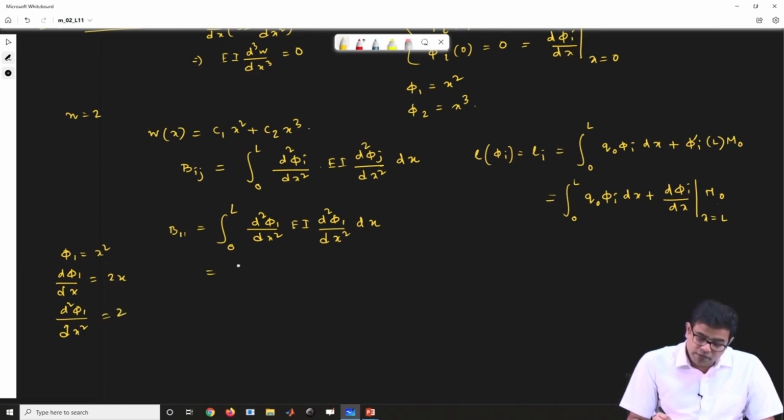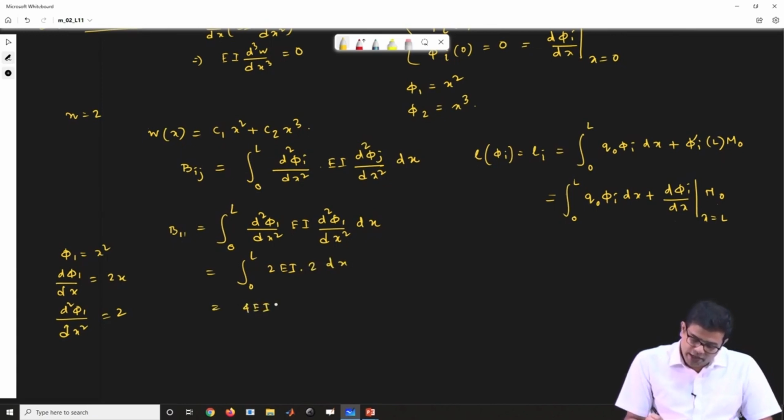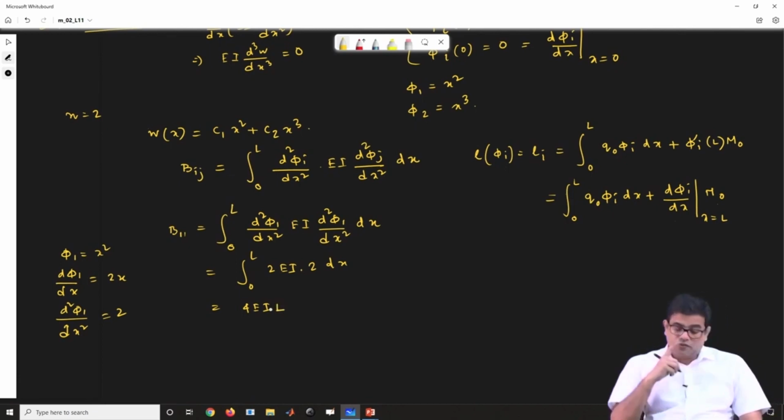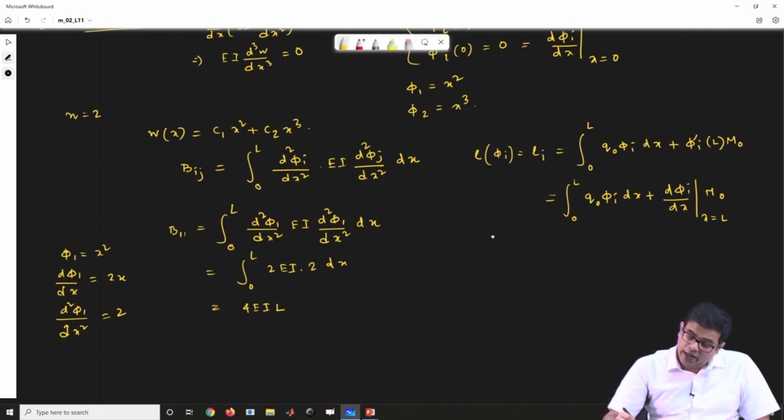So this is very simple. So integral 2 EI into 2 dx. So naturally 4 EI into L. So similarly I can find out my L1.